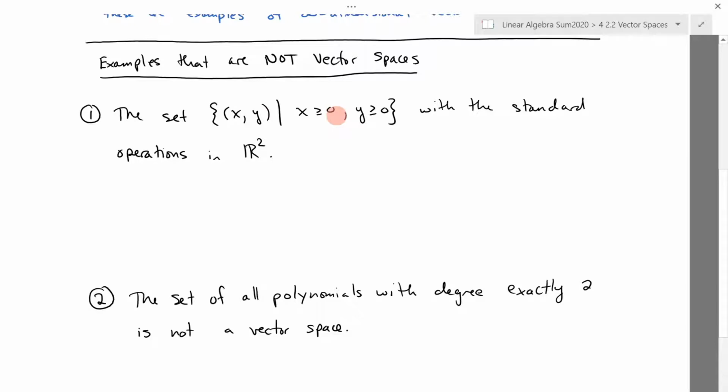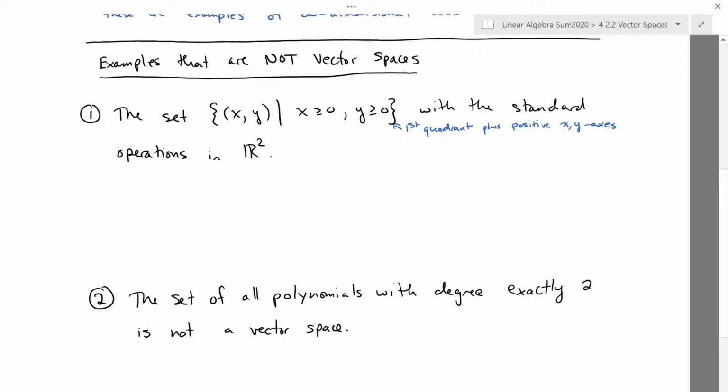So basically it's the first quadrant plus the positive x and y axes, with the standard operations of vector addition and scalar multiplication. So the claim is that this is not a vector space.